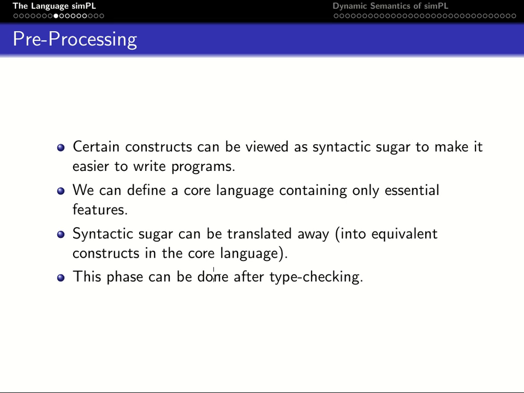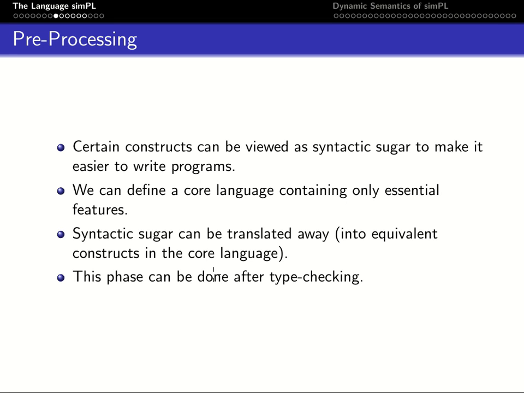So we're going to take some shortcuts, and you should know that these shortcuts are also taken by actual compilers and interpreters. There's a pre-processing step in many compilers that takes the full rich user language and strips it down to a core language. It's a bunch of very simple and straightforward translations and conversions that remove the fluff, so to speak, and expose only the hardcore features that have to be implemented and dealt with seriously.